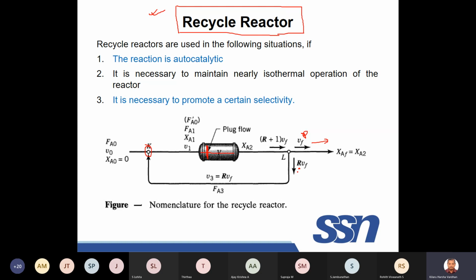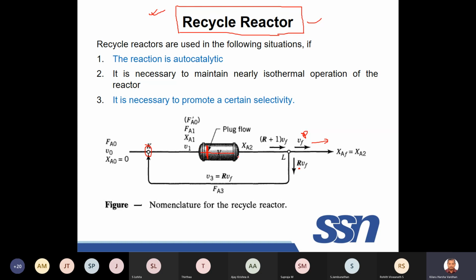Remember that the final form of the recycle reactor design will be in terms of R. If R is 0, there is no recycle and the reactor acts like a plug flow reactor.